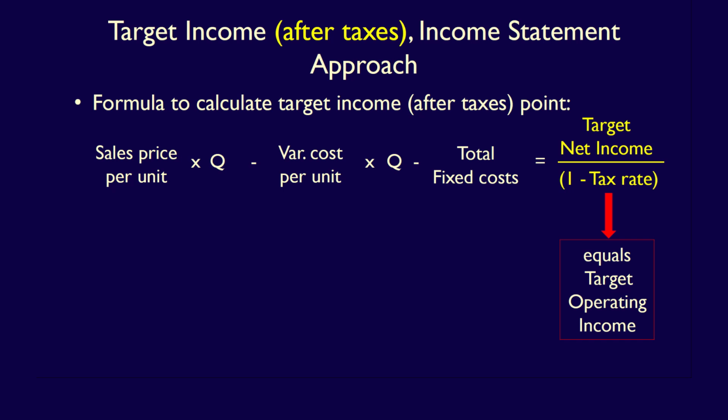The target net income divided by (1 minus the tax rate) is equal to the target operating income before income taxes, which means that our formula will work perfectly. We simply had to substitute our formula of net income divided by (1 minus the tax rate) for the operating income in our original formula.